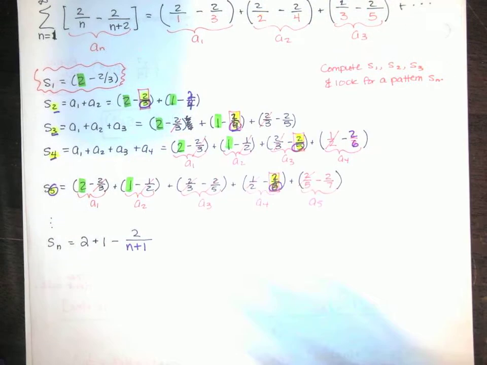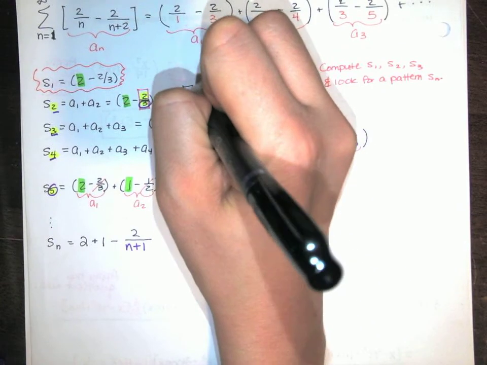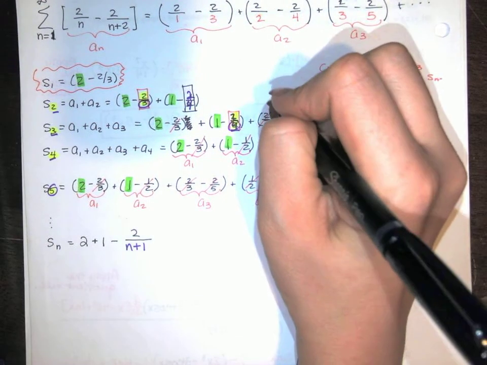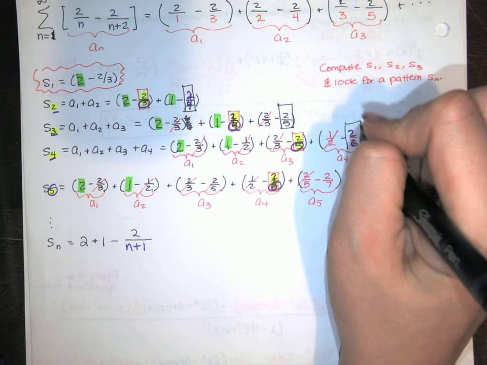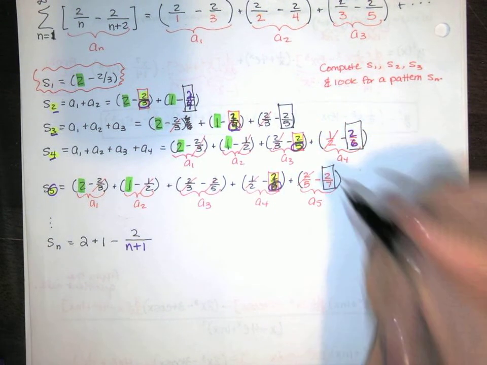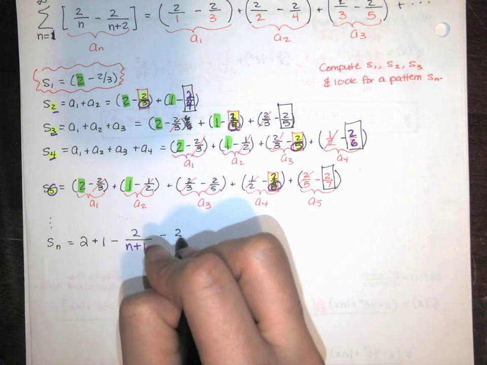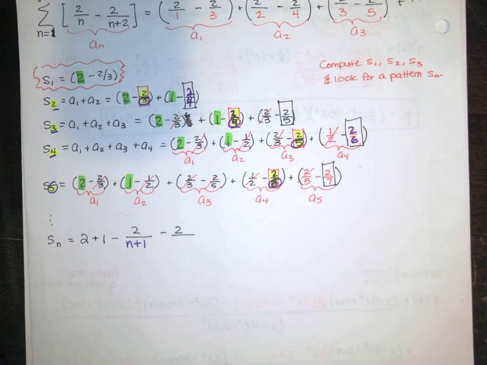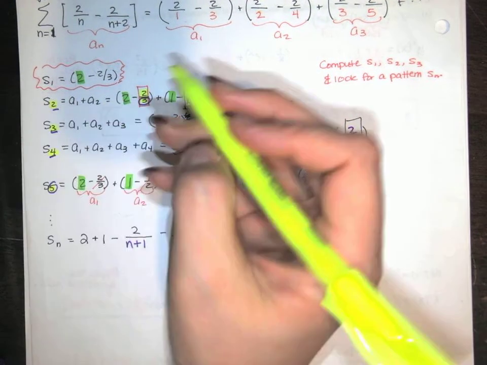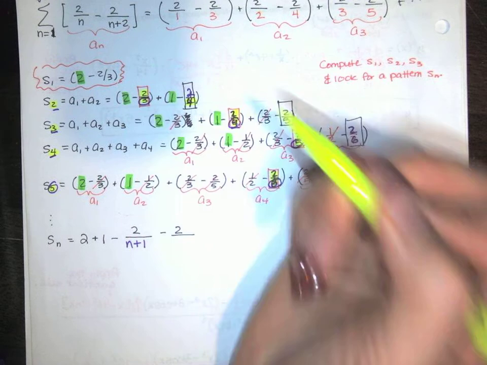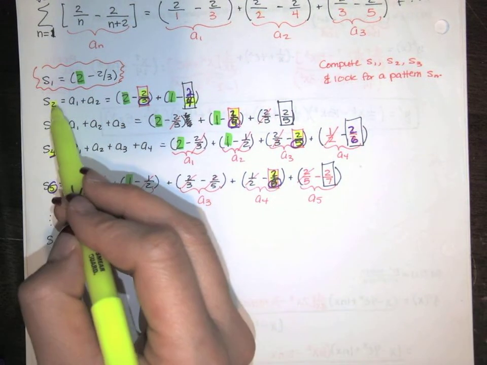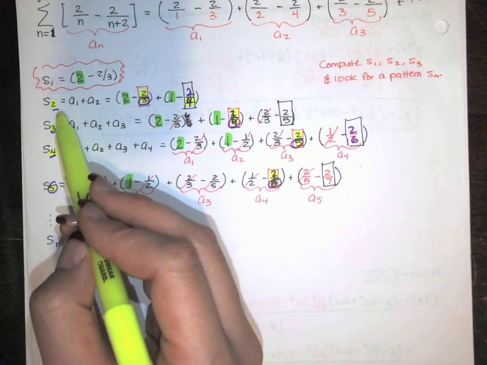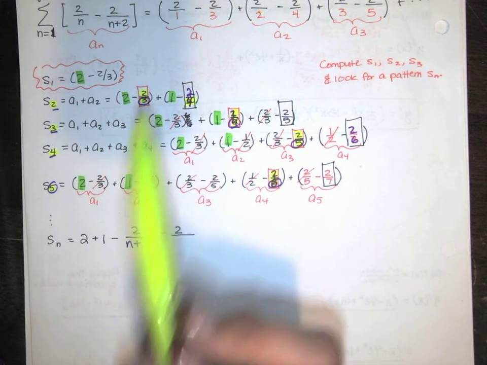Now let's look at the last term. So I've got 2 over 4, 2 over 5, 2 over 6, and 2 over 7. Now that is a pattern that I can wrap my head around. They all have 2's in the numerator. And now let's look at the relationship between the denominator and the subscript over here, the index of the summation. For the second partial sum, when that's a 2, that's a 4.